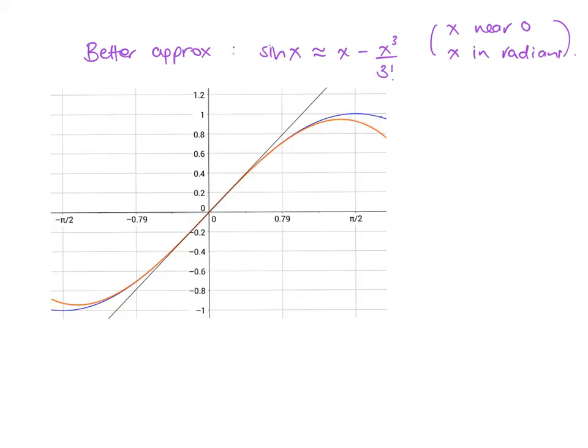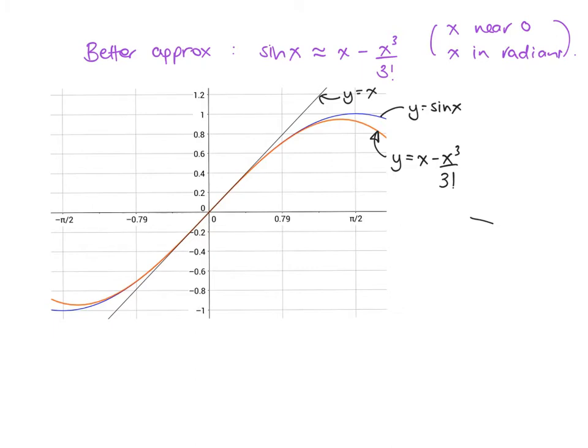So over here in blue I've got my line y equals sine of x, and in black I've got the line y equals x, which was our first approximation, and then in red I've plotted our new approximation, which is y equal to x minus x cubed over 3 factorial.